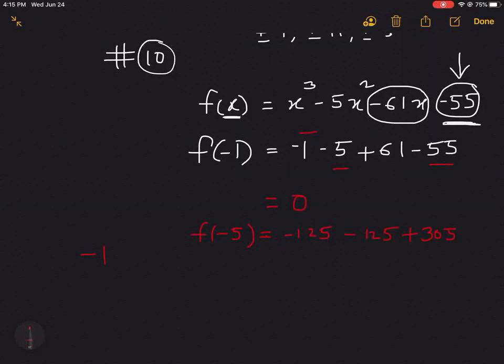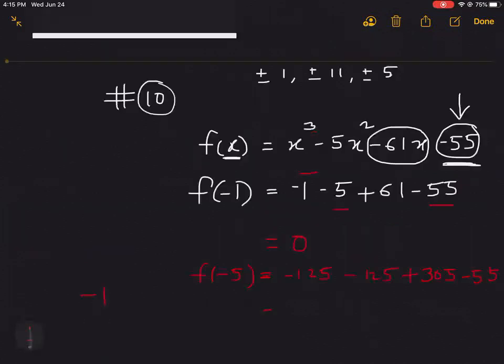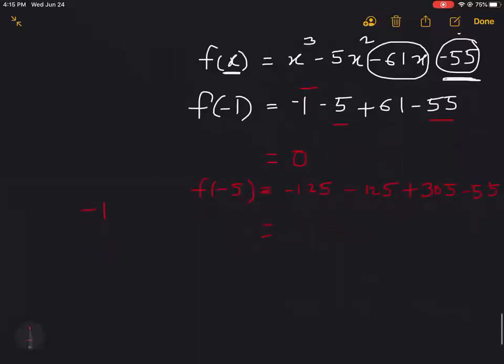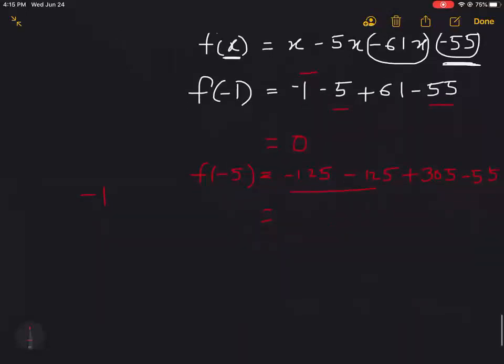Yeah, it should be 305. Negative 55. And it's negative 250 minus 55 is negative 305. Yeah, that's right. It will also give you a real 0. As you can see, just by using your intuition, you can find out the values.